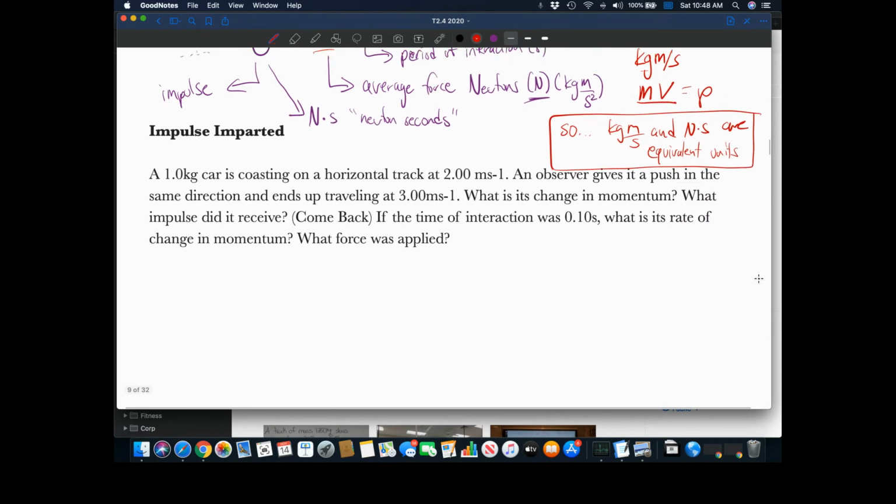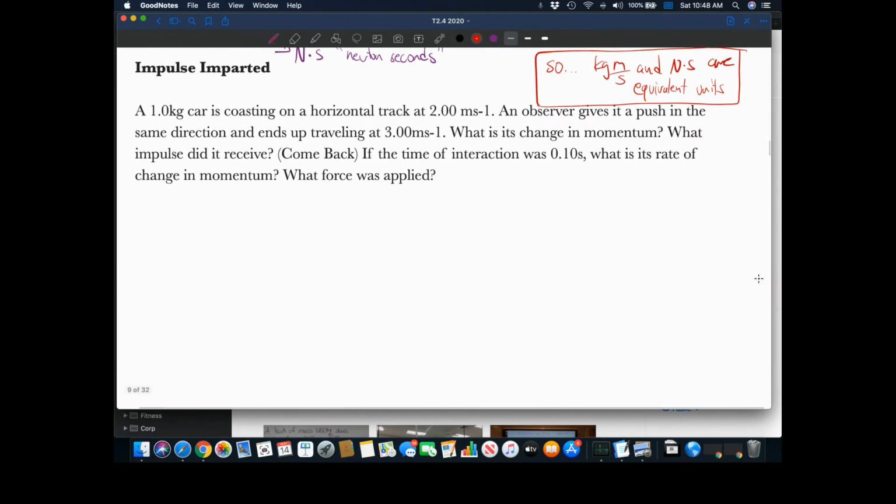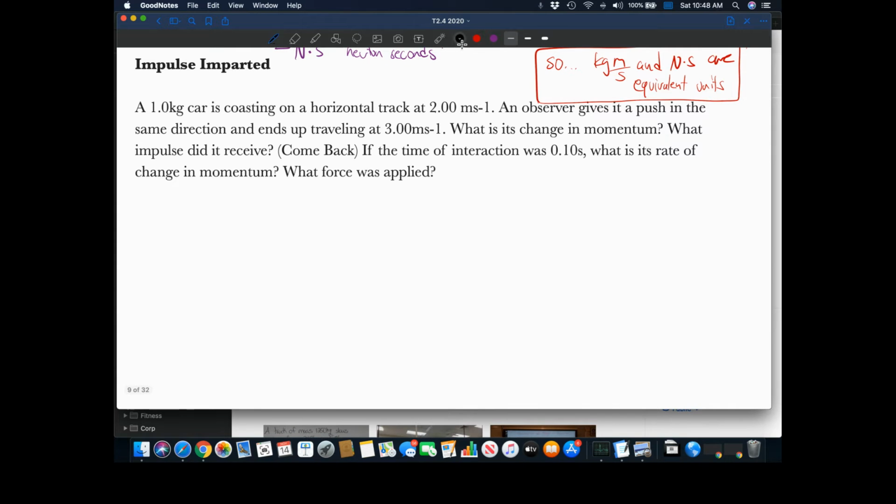So let's take a look at the impulse imparted. We have a cart traveling on a track, like so, with our positive direction and our negative direction. So we've got our cart like this. It is traveling at 2.00 meters per second, and it's got a mass of 1.0 kilograms. An observer gives it a push. So we're dealing with two different times now.